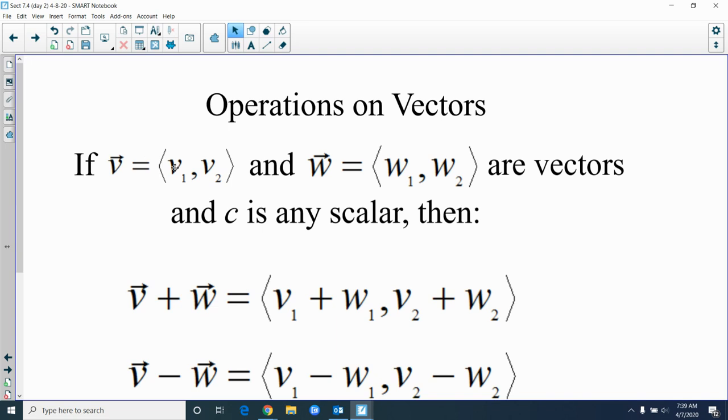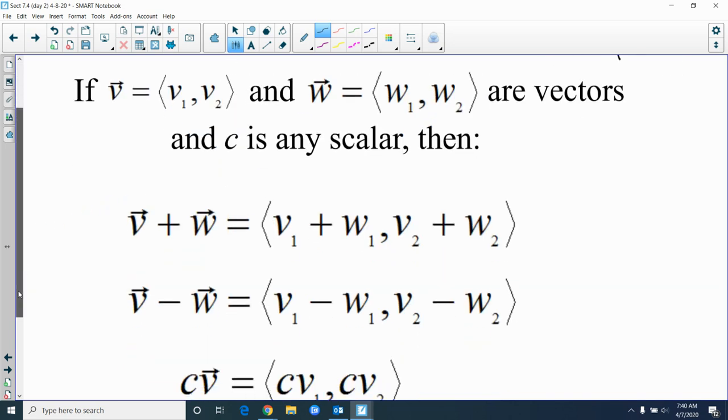Remember, vector v1, v2 starts at 0, 0 and goes to that point. A quick recap: a vector 3, 4 starts at 0, 0 and its end point is the point 3, 4. That tells you the direction and the length. W is the same thing. Those are position vectors.